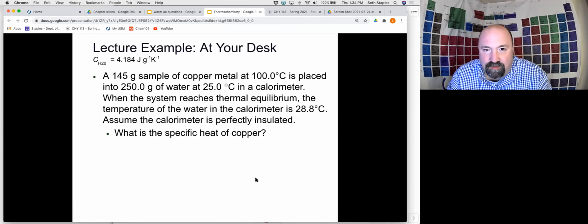Take everything that we've talked about, and I'll give you a big hint that what you want to do is set up two equations. One for the heat lost by the metal, and one for the heat gained by the water. And you want to set those equal to each other, and then solve for the specific heat of copper, the specific heat of the metal. Pause the video and see what you can do.